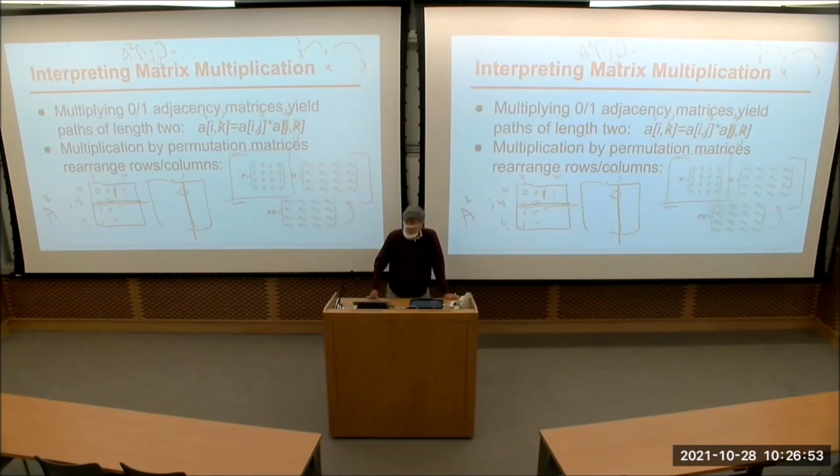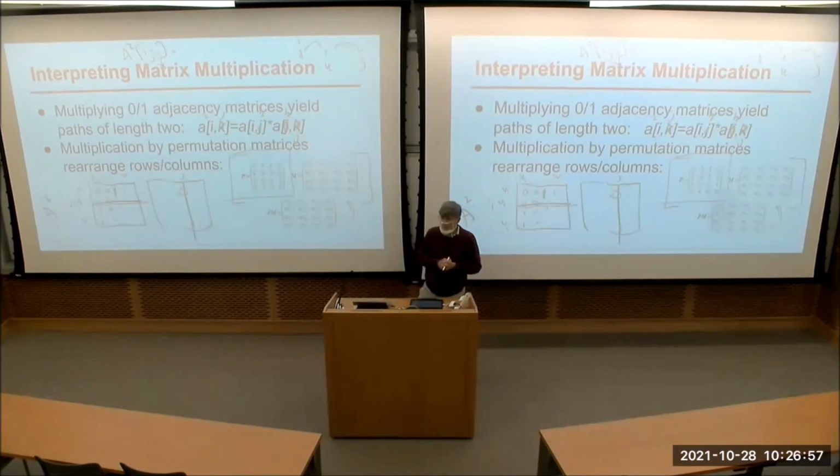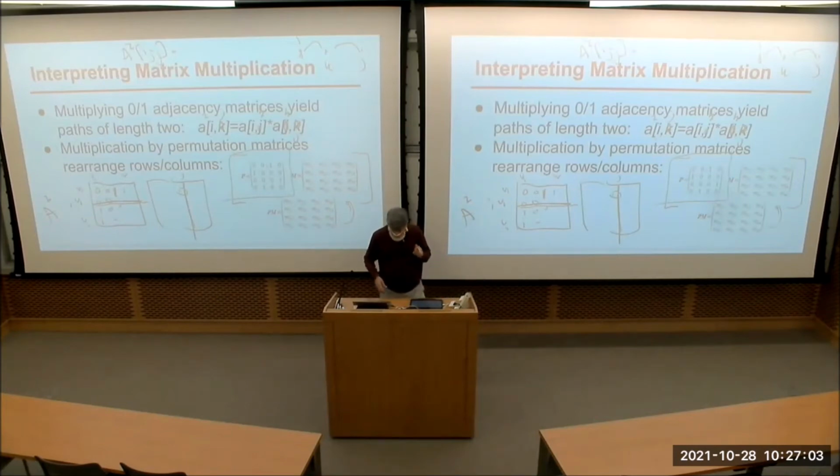Sometimes when you want to rearrange the elements of a matrix, transposing is an example, it's more efficient to come up with a matrix and multiply by it to do this rearrangement. Any questions?